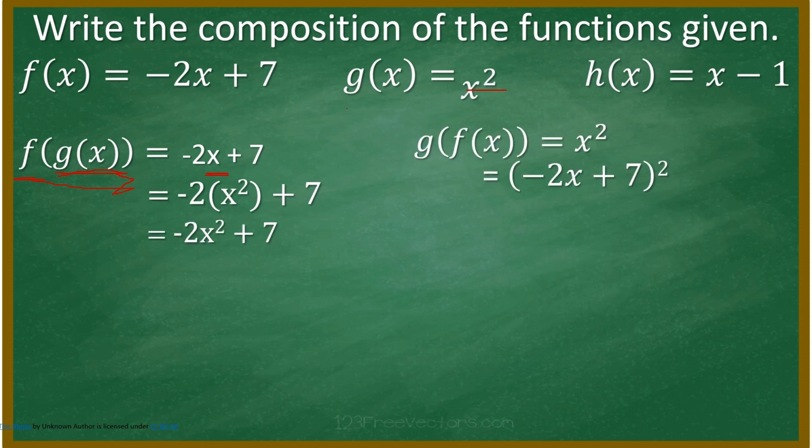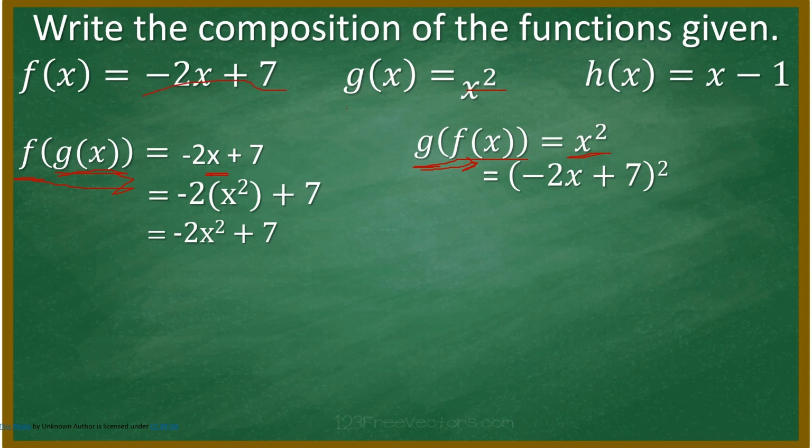So what if we're told to find the function g of f of x? We're going to do the same thing. Start with the function that's furthest to the outside. In this case, it's g of x equals x squared. So that's how we get this. Now we have to move to the next function, which is f of x. F of x is negative 2x plus 7. Excuse the cricket noise.